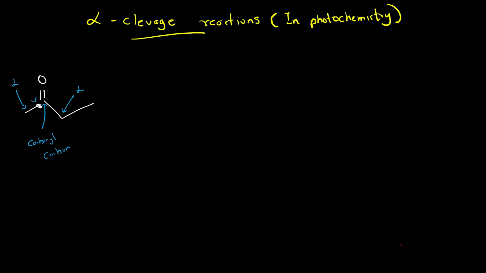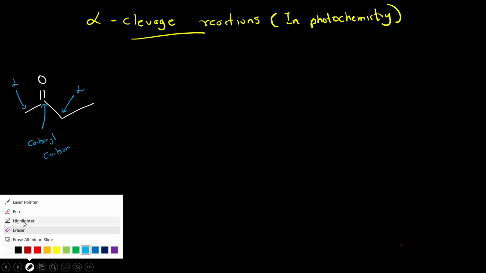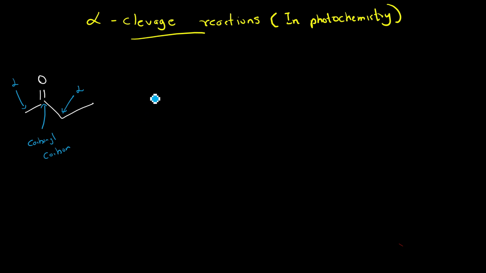We have talked about excitation in our early videos. I hope you are okay with excitations now. When you talk about photochemistry, the first step in the reaction mechanism is excitation. Here we have the ground state molecule, which is in the singlet ground state.